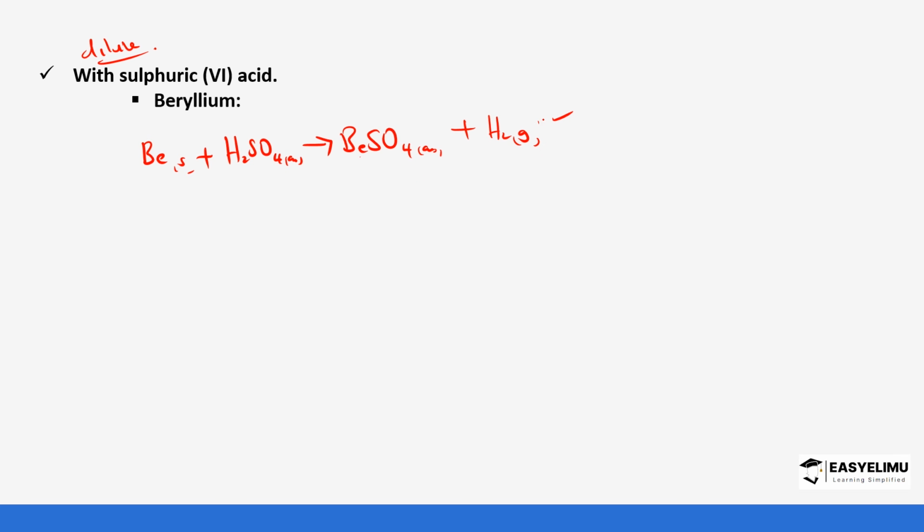But when you look at the observations for the reaction, you're going to see effervescence because of production of hydrogen gas, which burns with a pop sound. So magnesium also reacts with dilute sulfuric acid. So magnesium solid reacts with sulfuric acid to form magnesium sulfate plus hydrogen gas.